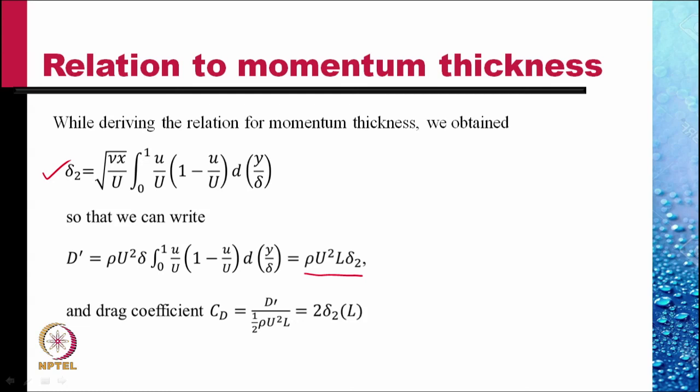And the drag coefficient CD is this drag divided by 1/2 rho U square times the area of the plate. For unit depth, the area is just the length of the plate L. And so the drag coefficient is twice the momentum thickness at the location x equal to L. A very important result.